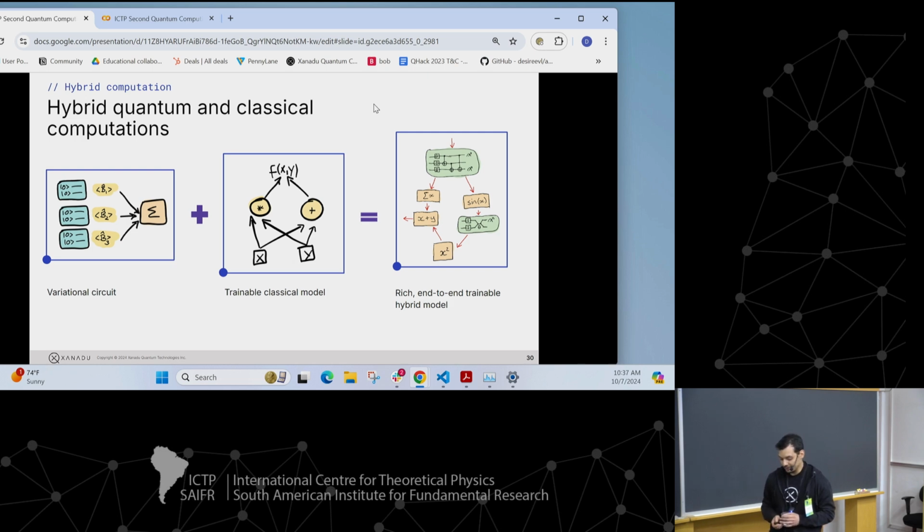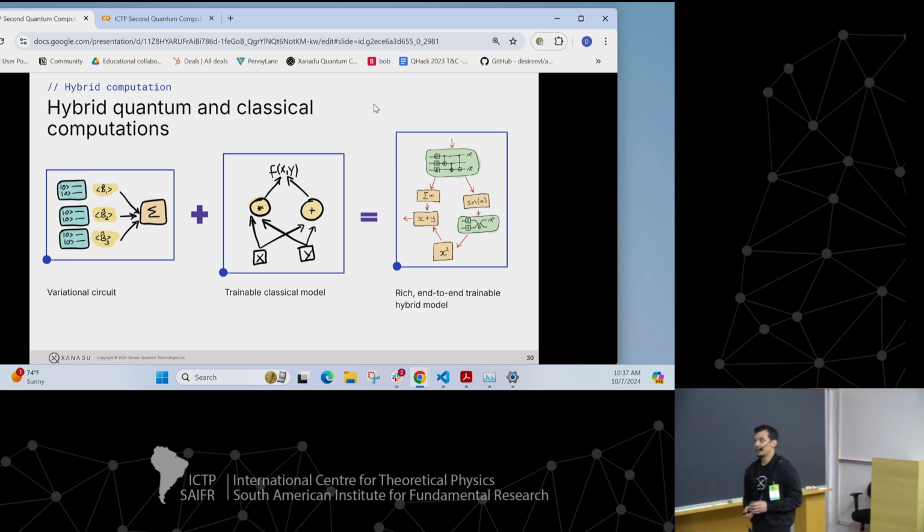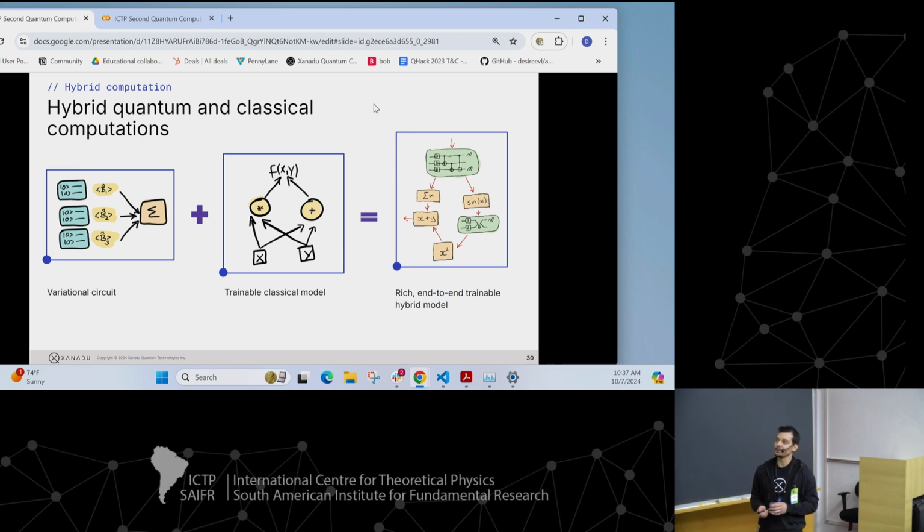These variational algorithms fall under a class of algorithms known as hybrid algorithms. The idea behind these came about 10 years ago, actually, or VQE was developed about 10 years ago, where the quantum hardware had very limited resources.